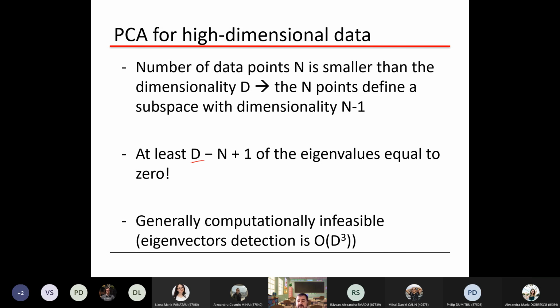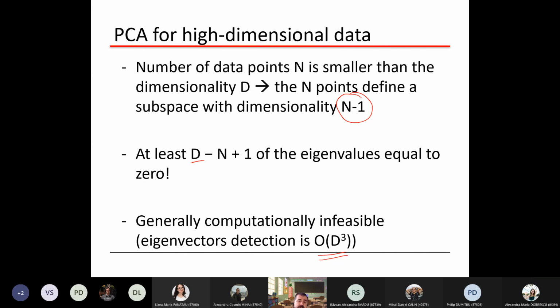So it is computationally infeasible to extract the eigenvectors from the original covariance matrix, because we will have complexity d to the third, which is much higher than what we would like to obtain, considering that we only need to find at most n-1 such eigenvalues.